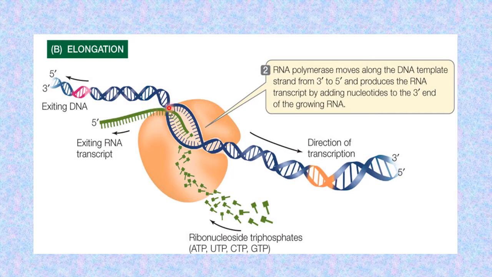So outrightly at this point of initiation, it binds to this DNA double helix, forms the transcription bubble and moves ahead, adding one ribonucleotide that is complementary to the nucleotides present on this template strand, resulting in the formation of an RNA molecule.